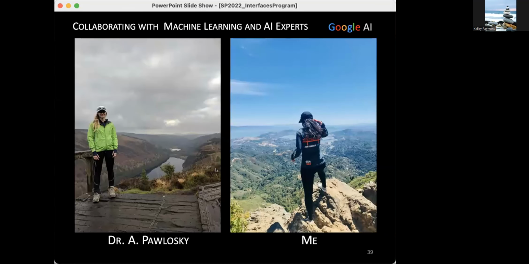And this brings me to a story. I was training for my first marathon, and I joined this running club in Palo Alto, and I met Dr. Annalisa Palowski. She's working at Google. She's a head of a lab at Google, and they were actually interested in pharmacology as well. They were looking at higher throughput methods to record signals from neurons and from heart muscle cells.